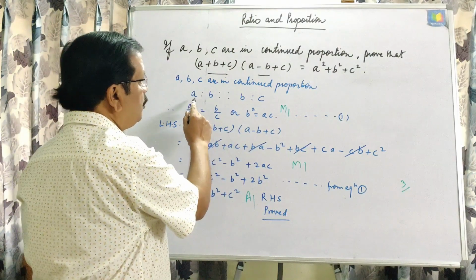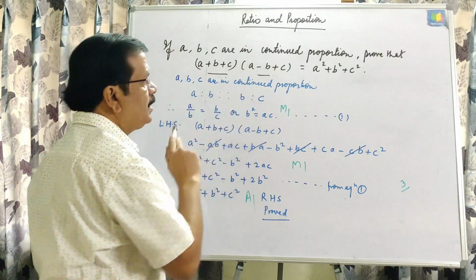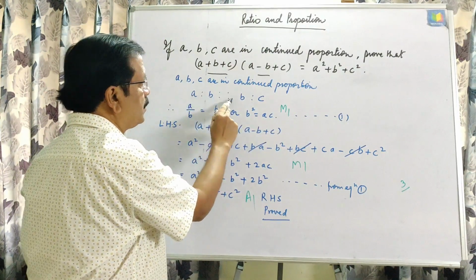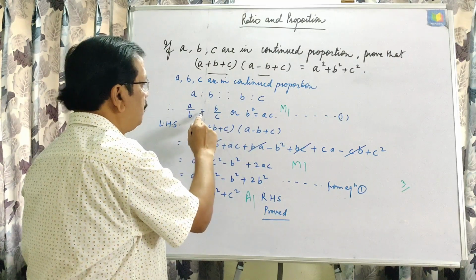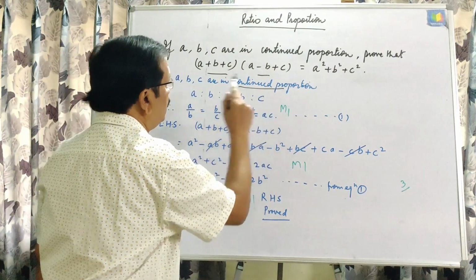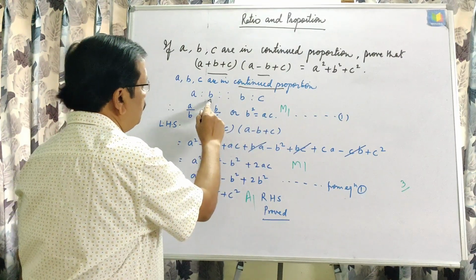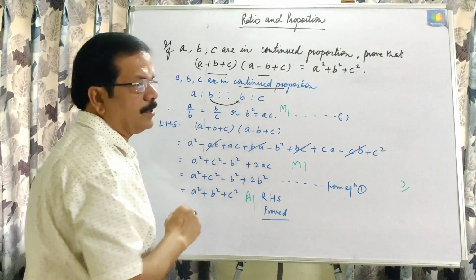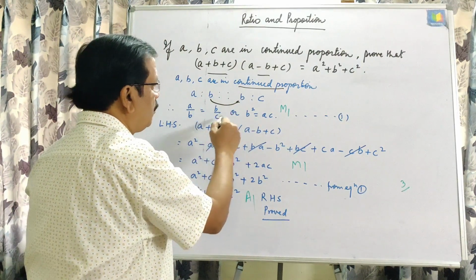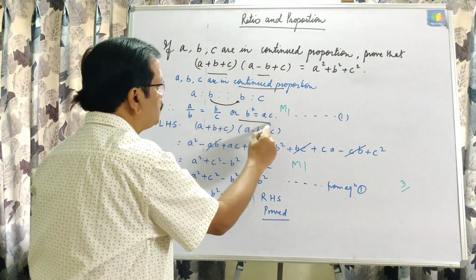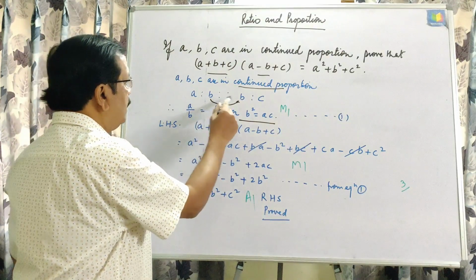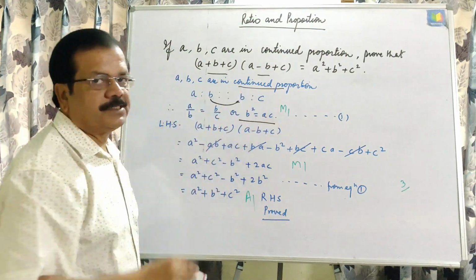There, if A, B, C, D are in proportion, it was written as A is to B equal to C is to D, or A upon B is equal to C upon D. In continued proportion, A upon B is equal to B upon C. Cross multiply, and then B square is equal to AC, because product of means is equal to product of extremes.